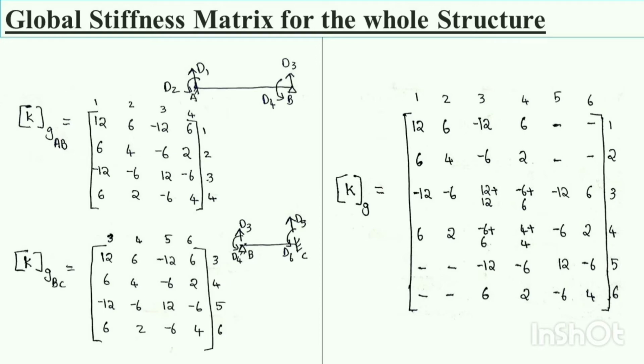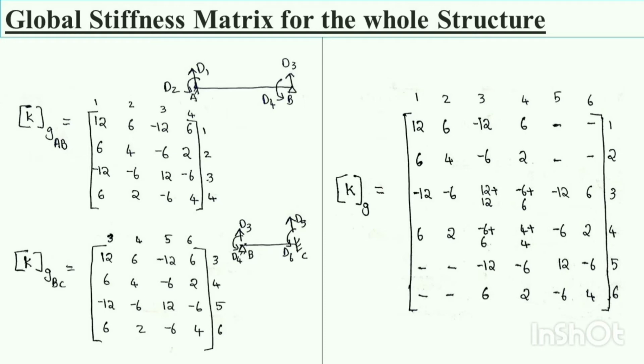Now to get the global stiffness matrix of the whole structure, we have to add KGAB and KGBC according to row and column number. That is, in Kg matrix, element 1, 1 is available only in KGAB, which is 12. So we write 12 at 1, 1. And element 1, 2 will be available only in AB, which is again 6. And element 1, 3 is minus 12 from KGAB.